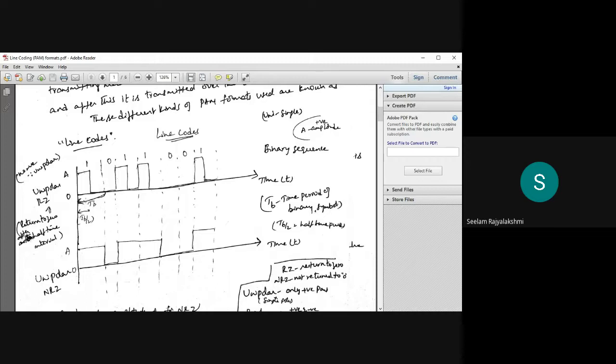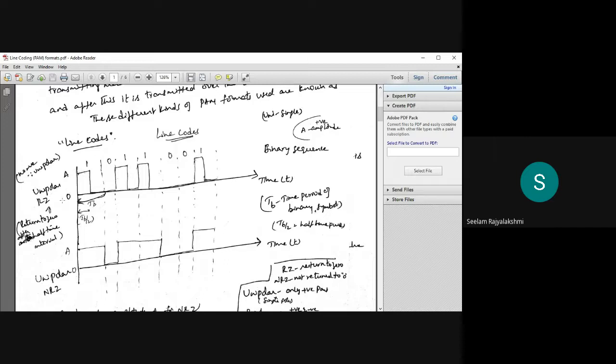So this is the total time period of the binary symbol, and at half we have TB by 2, the half time period. Here we have considered the binary data 1, 0, 1, 1, 0, 0, 1.